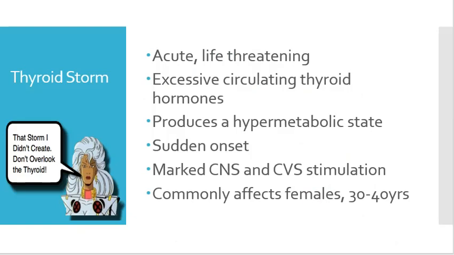Neurological symptoms may include delirium, syncope, or coma. If it's left untreated, mortality rates can be quite high, around 90%. Exhaustion, cardiac failure, and death can occur really in just a few hours.